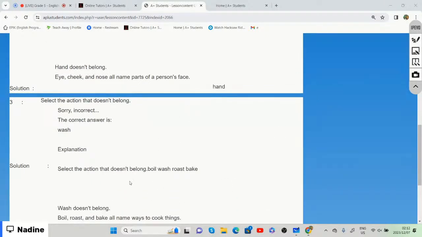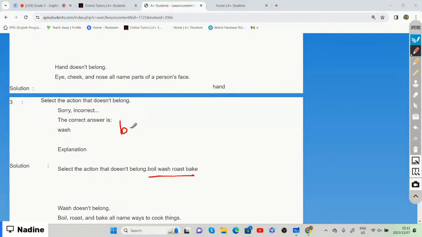All right, we need to select the action that does not belong. We have boil, wash, roast, bake. So boil, wash, roast. So roast or bake.